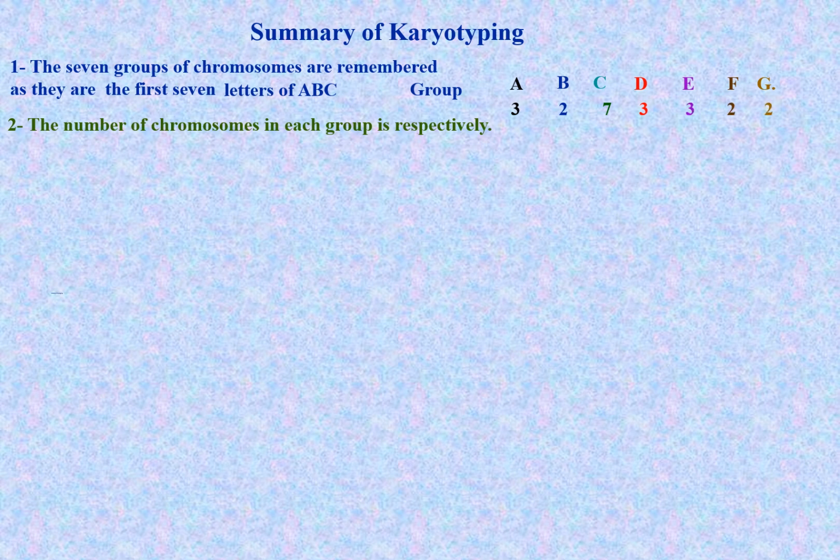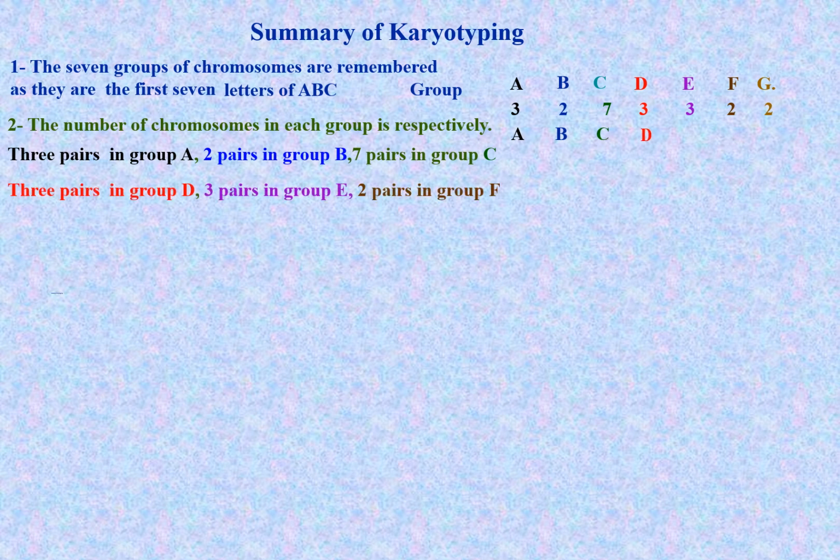That is 3 pairs in Group A, 2 pairs in Group B, 7 pairs in Group C, 3 pairs in Group D, 3 pairs in Group E, 2 pairs in Group F, and 2 pairs in Group G.